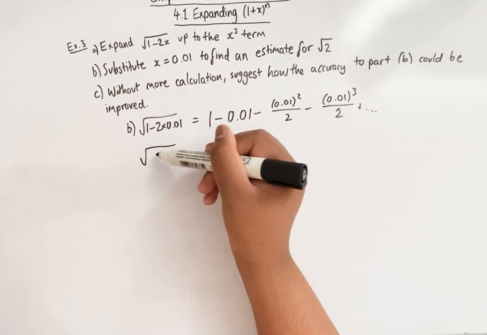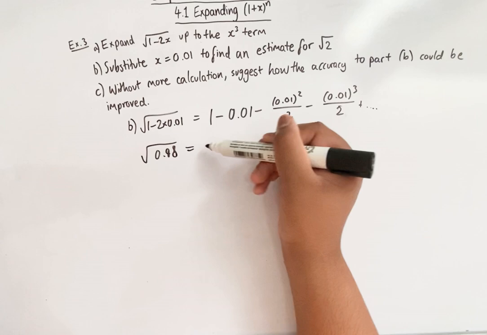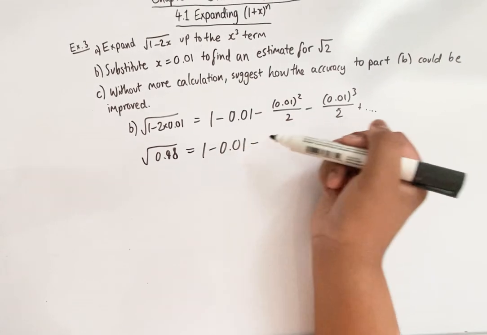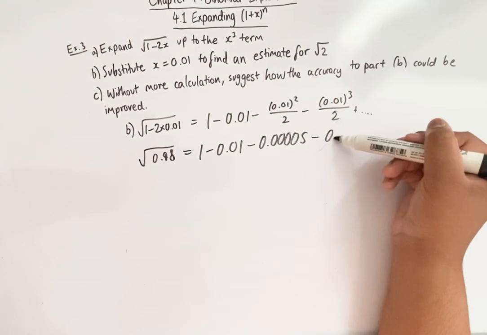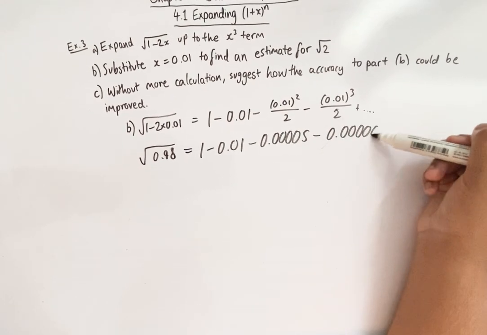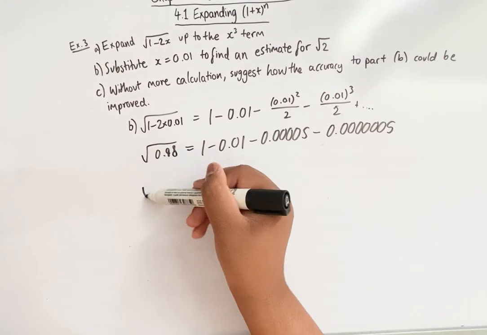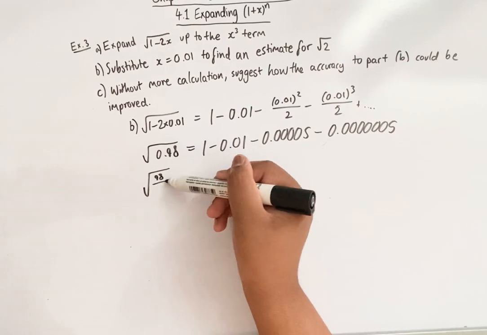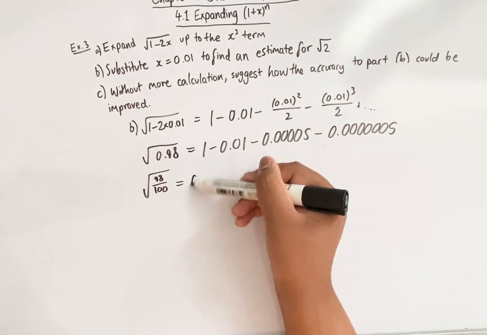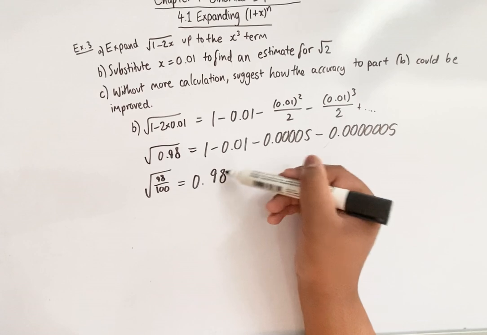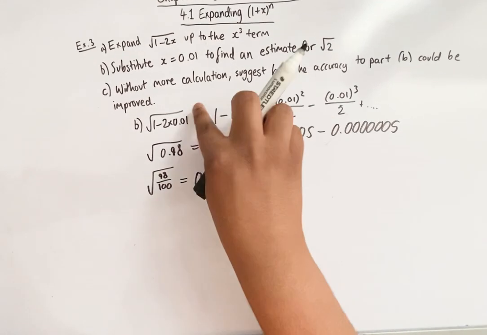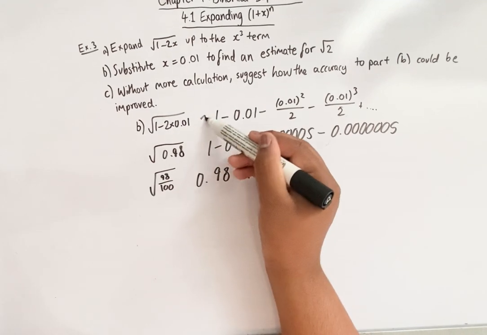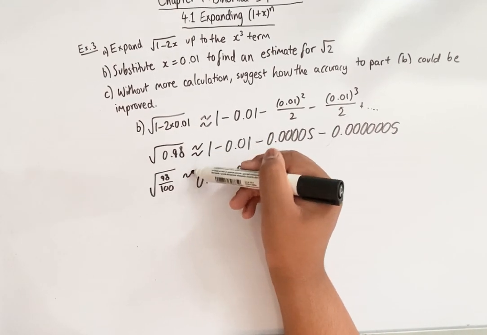So the square root of 0.98 is equal to 1 minus 0.01 minus 0.000005 minus 0.0000005. And so the square root of 98 over 100 is equal to 0.99495. Remember, these are estimates because we're only using the first 4 terms.